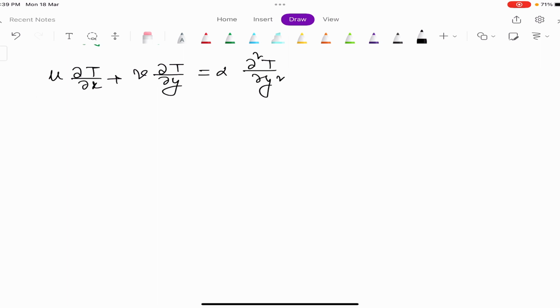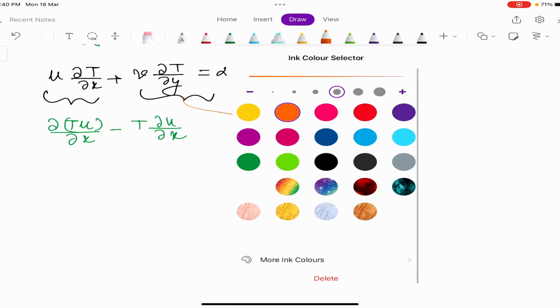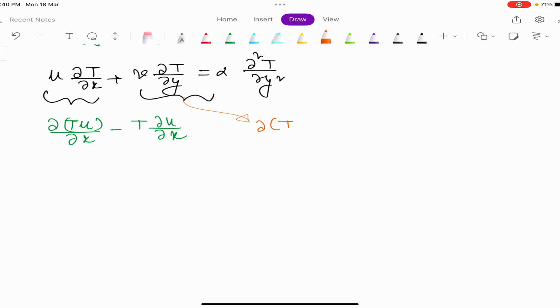I can write this term as, and this should be a very easy step for you, just applying the product rule, this minus T of ∂u/∂x, and this term similarly as ∂(Tv)/∂y minus T ∂v/∂y.